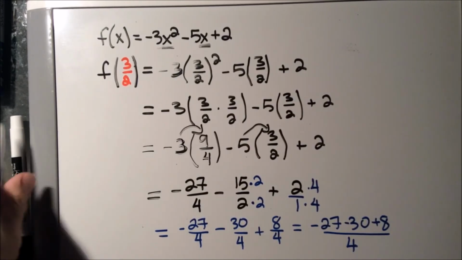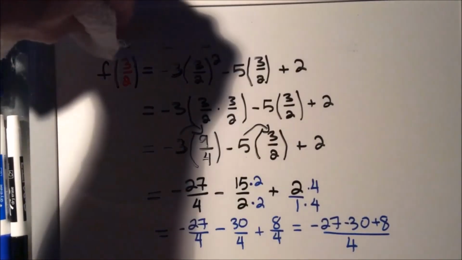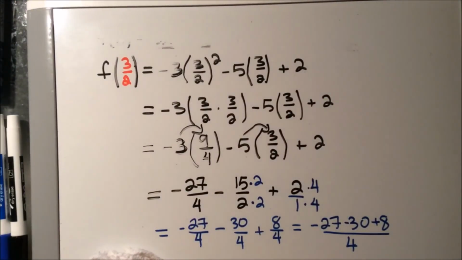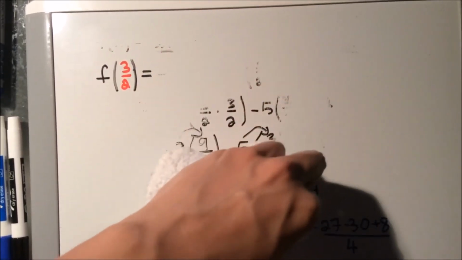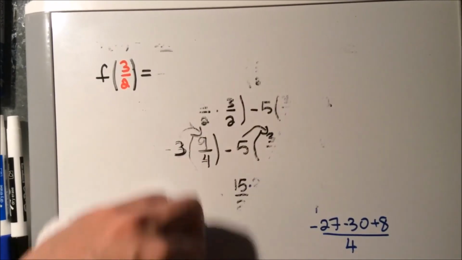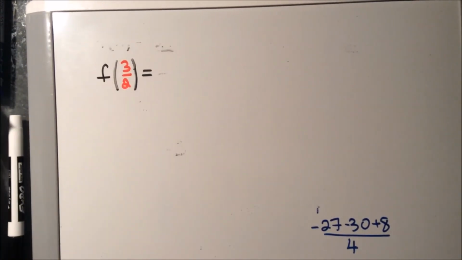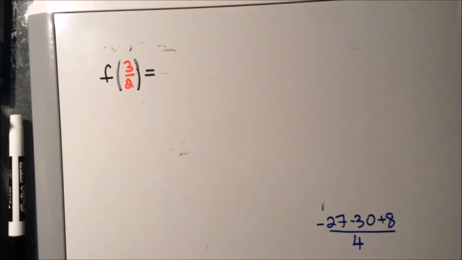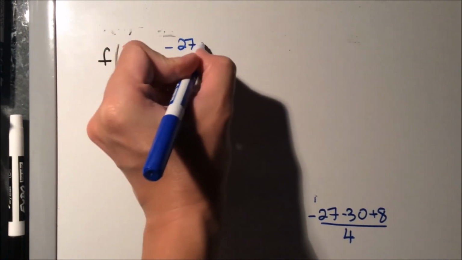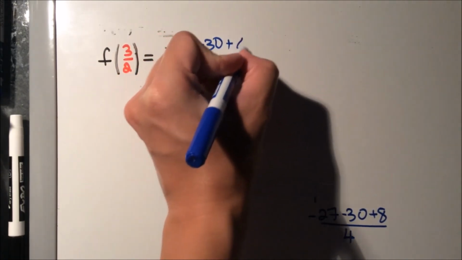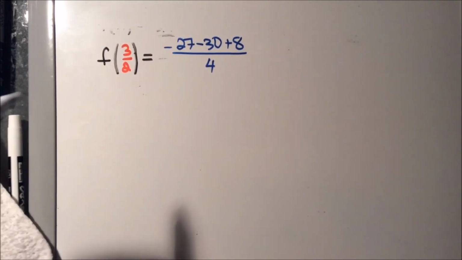Now I'm going to erase the top part to have more room. So again, we have -27 minus 30 plus 8, over 4.